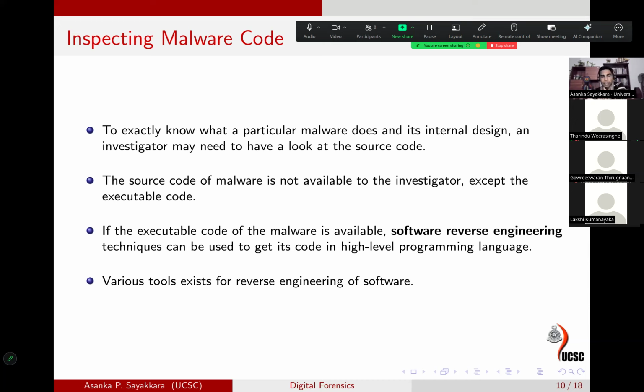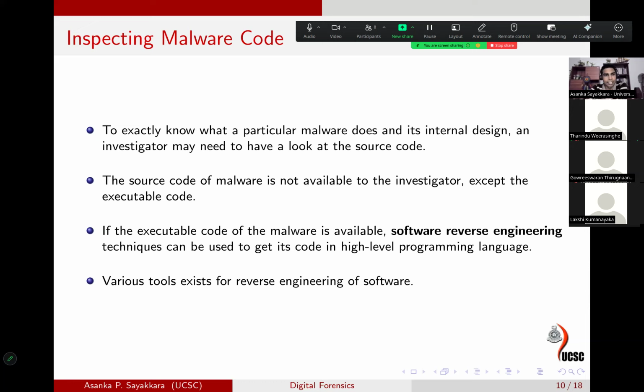How do we know that a particular program is a malicious program? A particular program is doing harmful things on a computer? That's something we want to know about. So how do we do that? There's no way to just look at the program and say, oh, this looks like a malware. You can't.